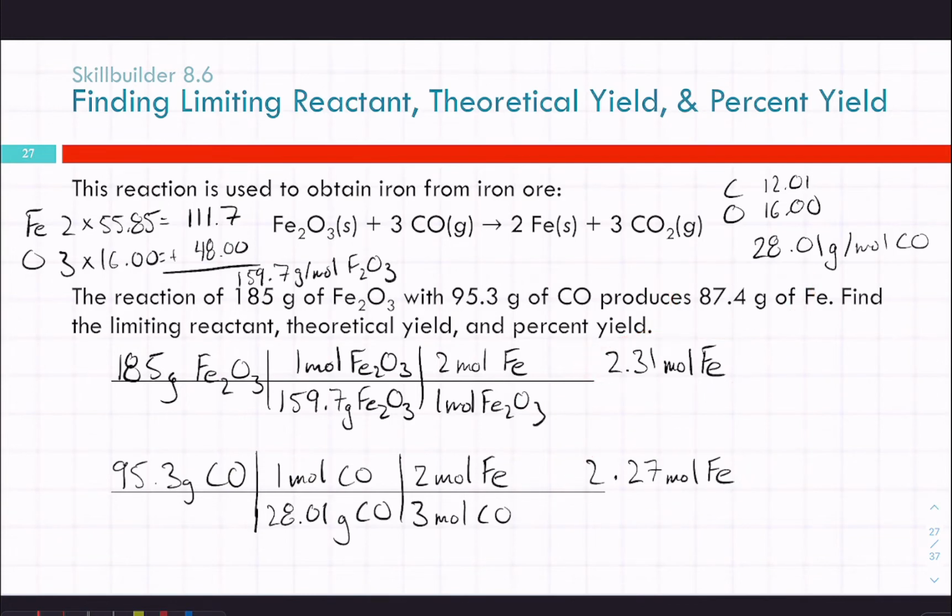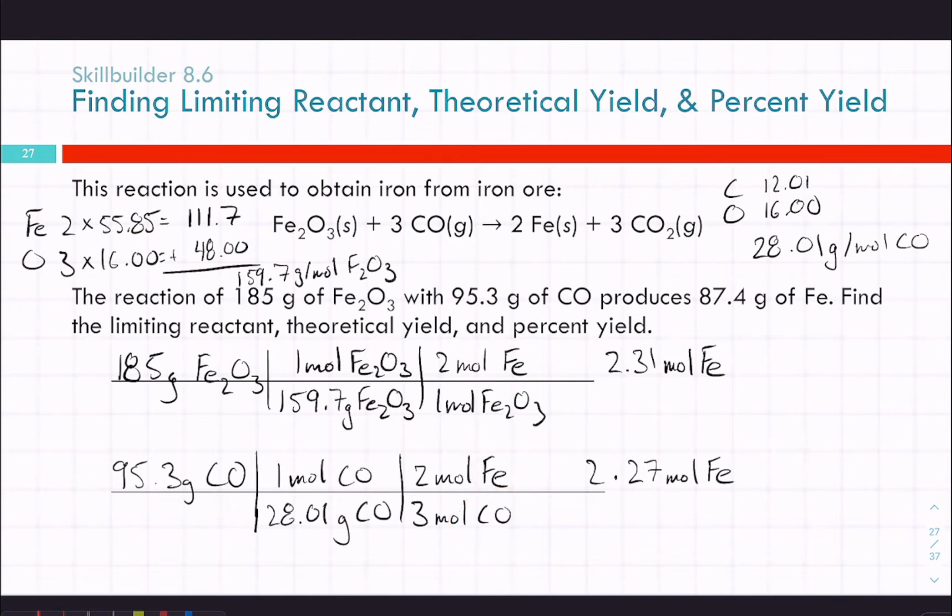Actually, sorry, your question is, why iron oxide, why carbon monoxide? No. Let's say we're on the second one, and you're asking what's your ratio between the iron and iron oxide? How do I know I'm doing iron oxide? Is it saying it right there? Oh, you mean carbon monoxide to iron?